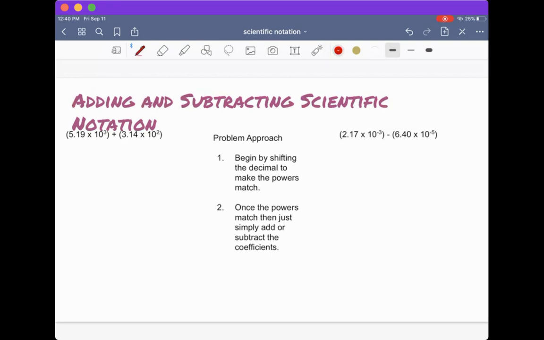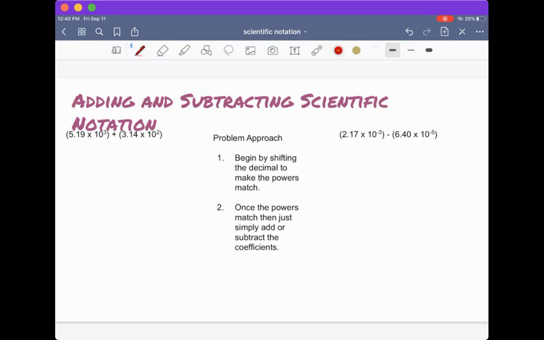All right, so if you can easily take a number from standard to scientific notation and back again, then you're ready for this next slide. With chemistry, we are constantly dealing with adding, subtracting, multiplying, and dividing.